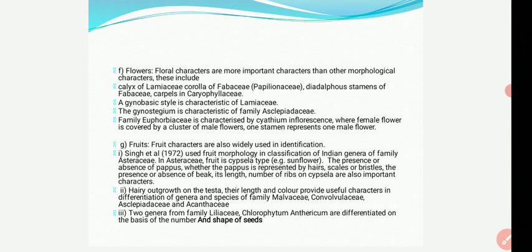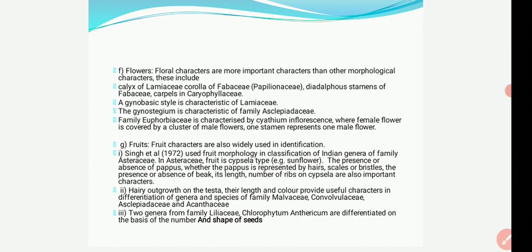The presence or absence of pappus, whether the pappus is represented by hair, scale or bristle, the presence or absence of beak, its length, number, and ribs on cypsela are also important characters which are considered for identification or classification of plants.